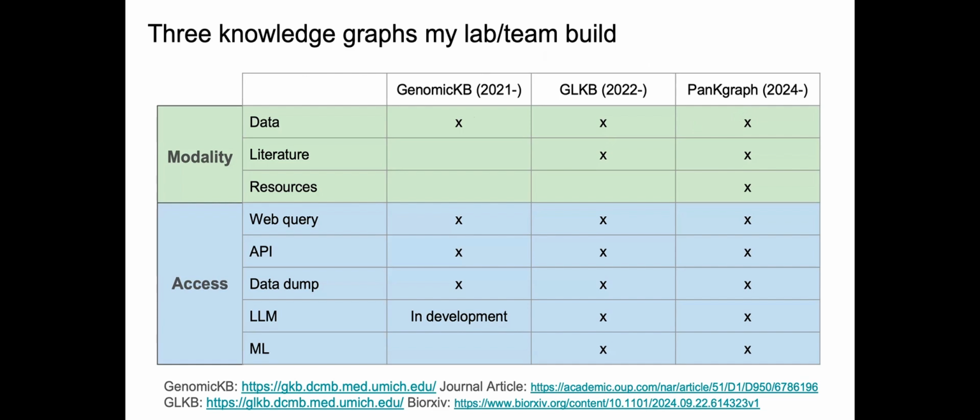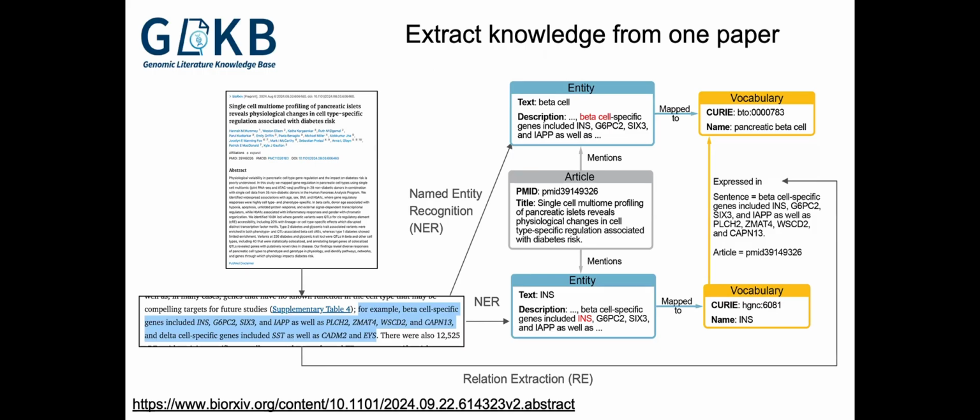Next I will talk about the genomic literature knowledge base. We started in 2022, and we are also working on extracting knowledge from the literature to enrich PanKgraph. So next I will describe how we build GLKB. Here is one paper published recently from Dr. Kyle Gaulton's lab. There is one sentence in the abstract, for example, beta cell specific genes include INS and so on.